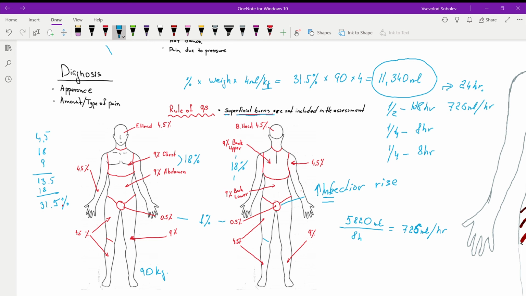And then the next half, the half of this half, so half of 508.20 liters, you have to divide it by 2.